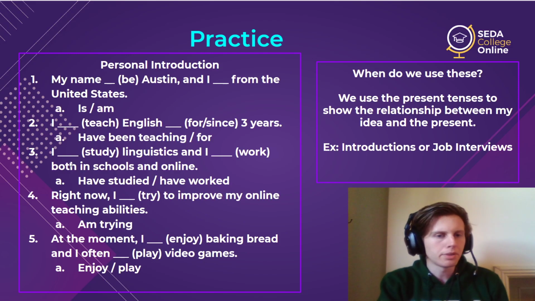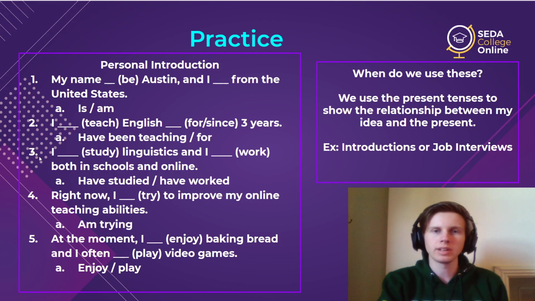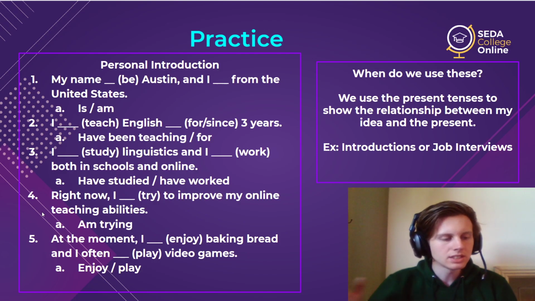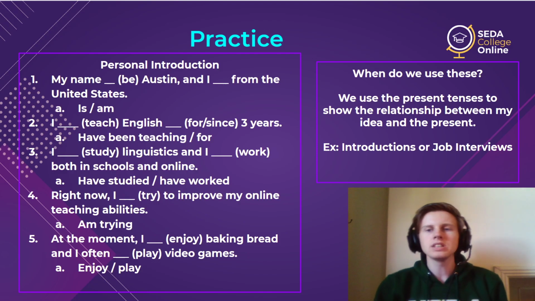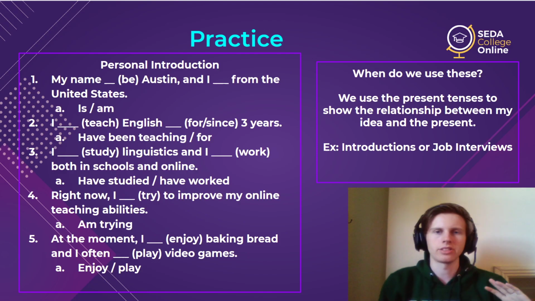And then number three, I want to tell the other person that these are my experiences, so I use the present perfect. And then for number four, I want to tell the other person that this is my current idea, my current process. So these are how these things all work together. And so things like job interviews and introductions or presentations are things where the present tenses are very important.